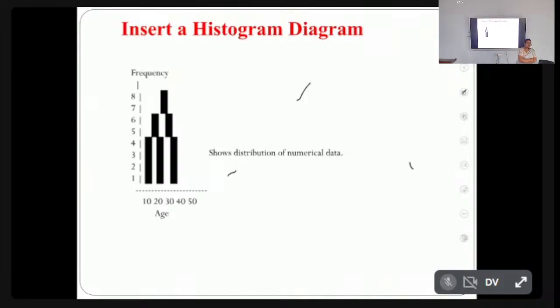It is used to show the distribution of numerical data.